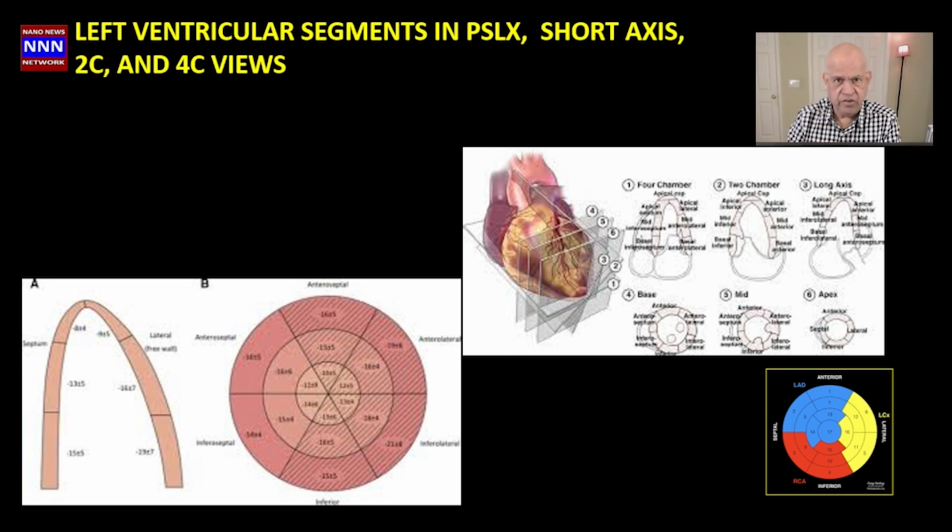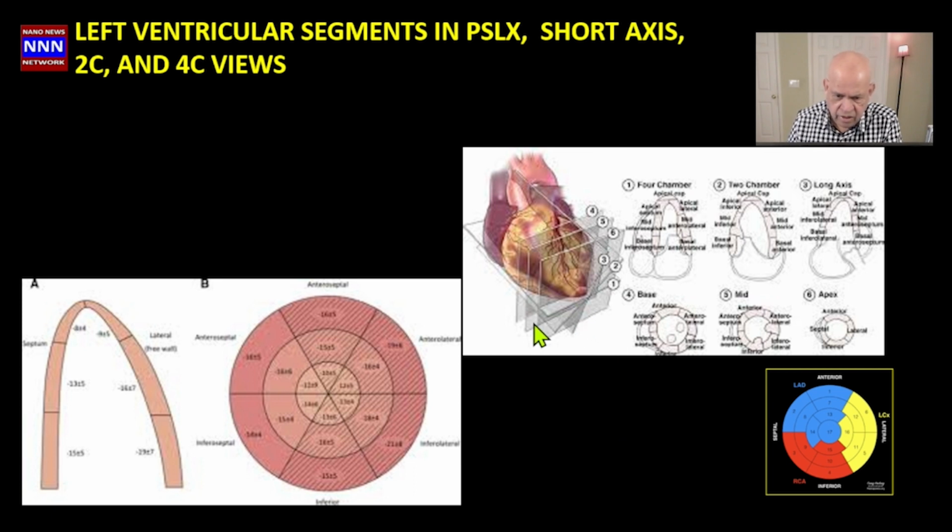How the heart is situated in the chest is not just anterior posterior, as most of us would think. The heart is sort of rotated to the left side, and that's why a lot of these views can be confusing when we relate them to these various planes that we are talking about, namely long axis or four-chamber view or short axis.